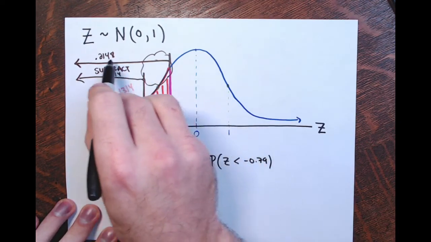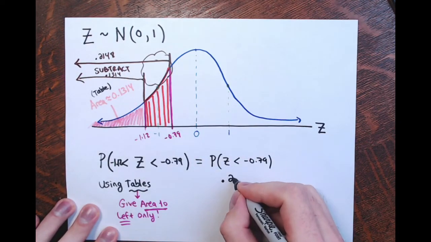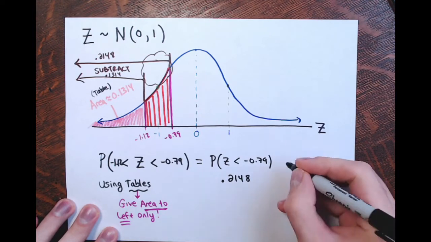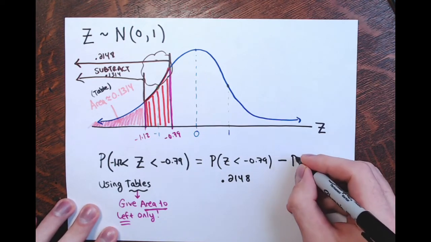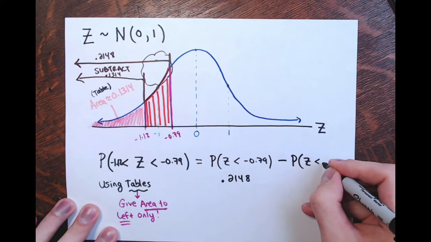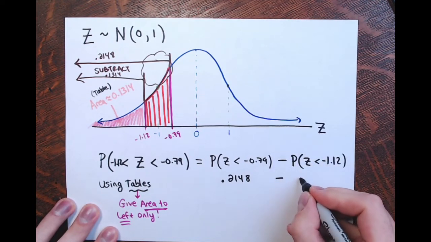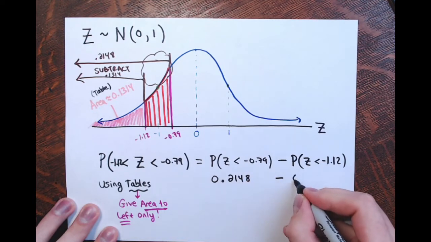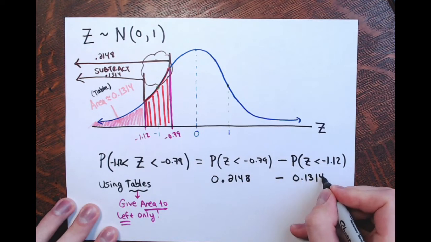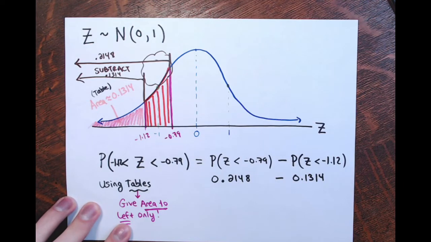That's this area here, the 0.2148 from the table, and then I subtract the probability that z is less than negative 1.12, the area to the left of negative 1.12, and that was 0.1314.